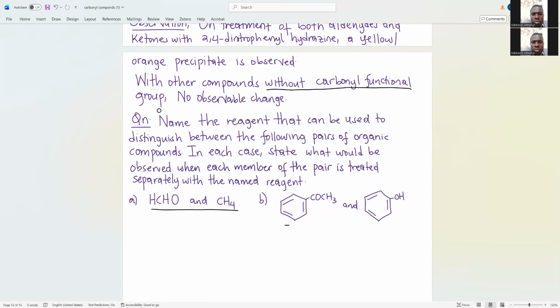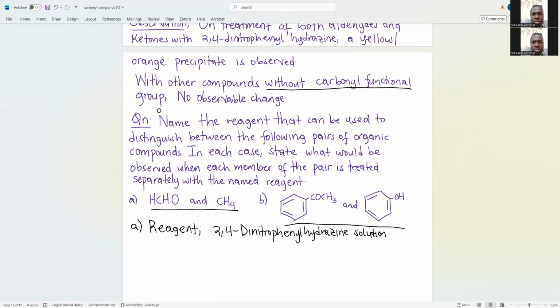Then here we have a carbonyl compound and phenol. From what we have discussed earlier on, it's easy to see that we can employ that reagent.